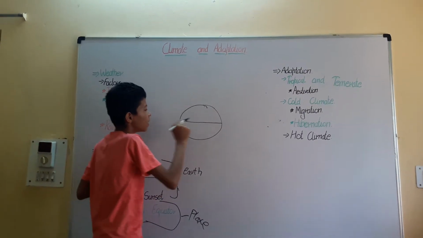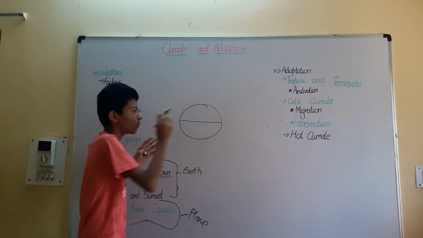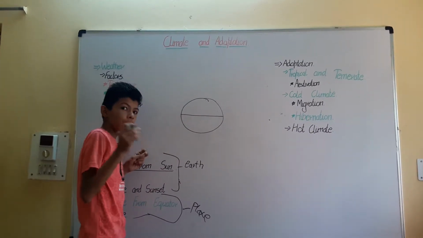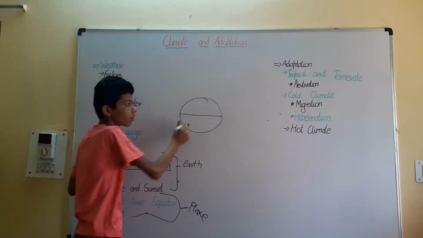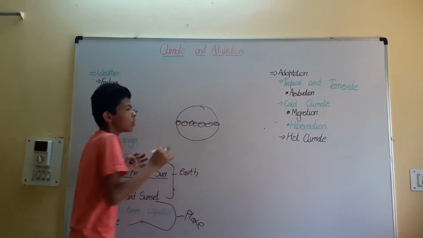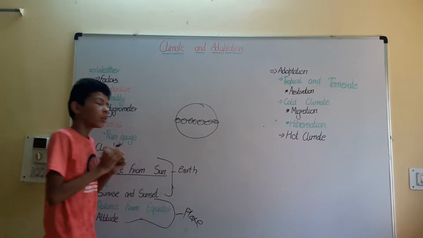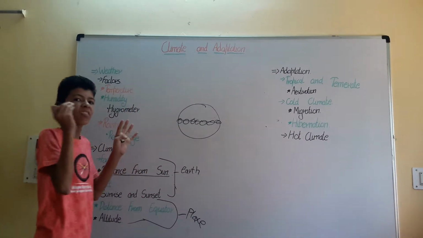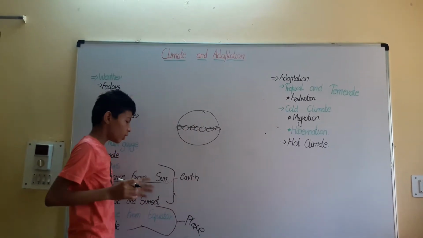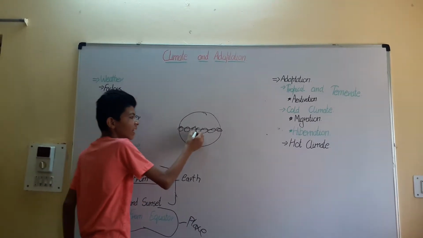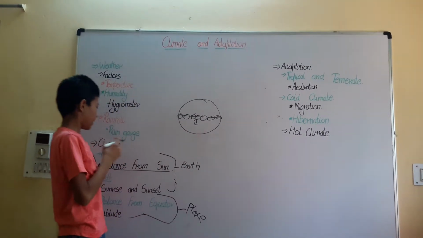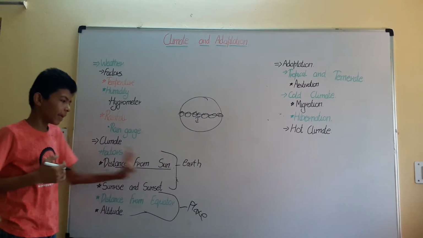Places on this line face a lot of heat, because the sun has a higher concentration on these lines. So distance from the equator also leads to the climate of a place.